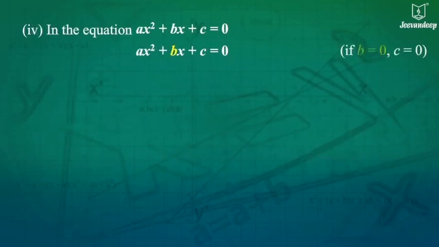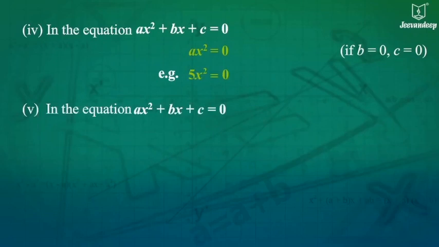If b equals 0 and c also equals 0, then ax square equals 0, which is also a quadratic equation. For example, 5x square equals 0.